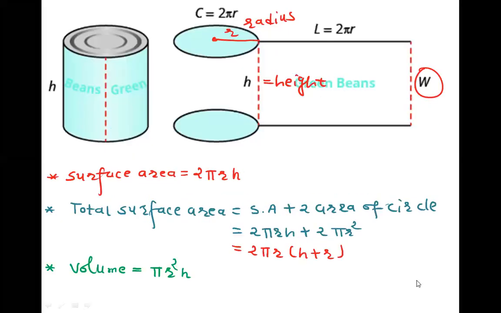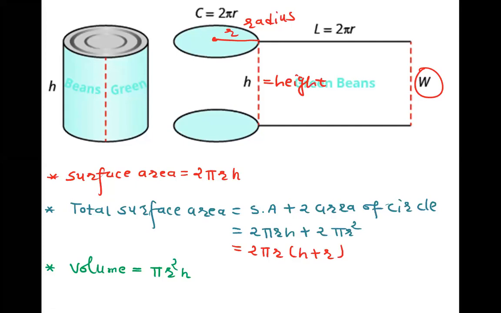So remember these three formulas. Surface area is just 2 pi r h. If we take the total surface area, including the two circles, it represents 2 pi r into h plus r or r plus h. Addition is commutative. તો તમે એને h plus r અથવા r plus h લખી શકો, and their volume is pi r square h. તો સ્ટુડન્ટ આ ટ્યુટોરિયલ અંદર તમારે આ ત્રણ ફોર્મ્યુલા યાદ રાખવાના છે.